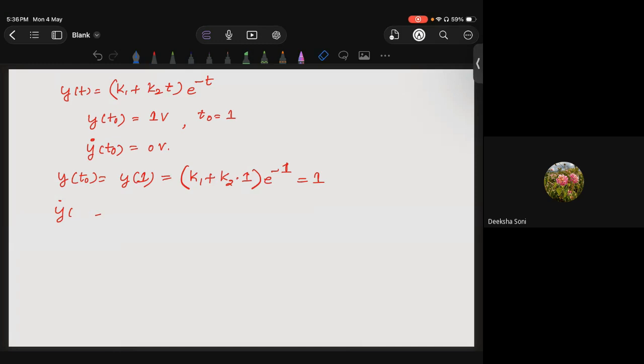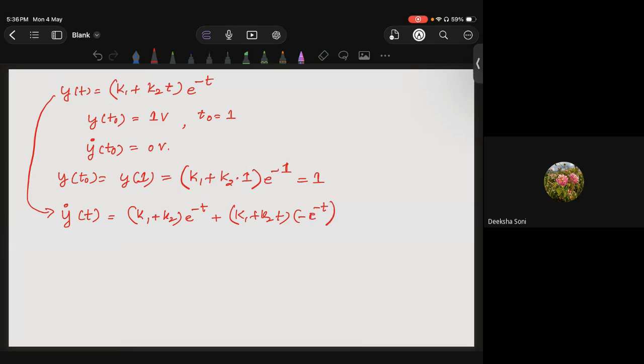Let me write it here. What is y dot of t? That is nothing but, from this equation, you can take the derivative, correct? So that will be k1 plus k2 e power minus t plus k1 plus k2t minus 1, sorry, e power minus t.